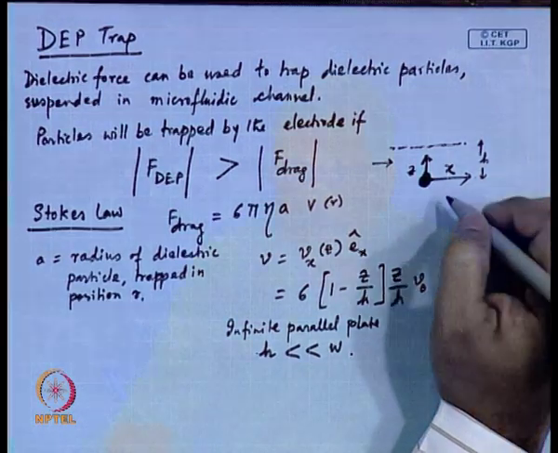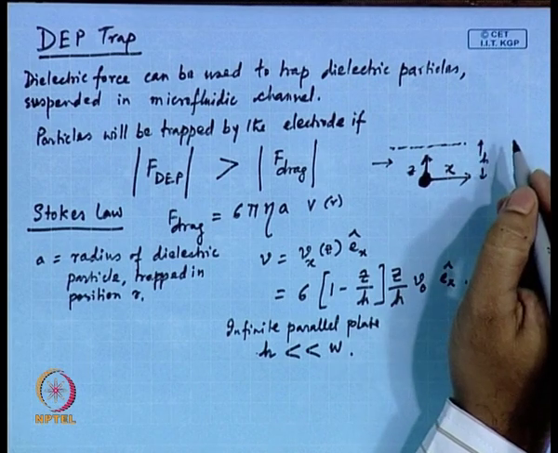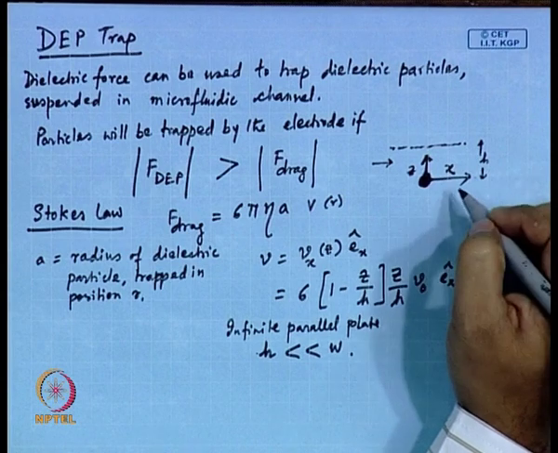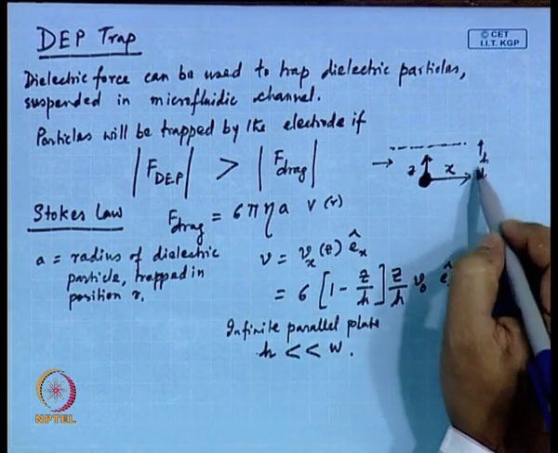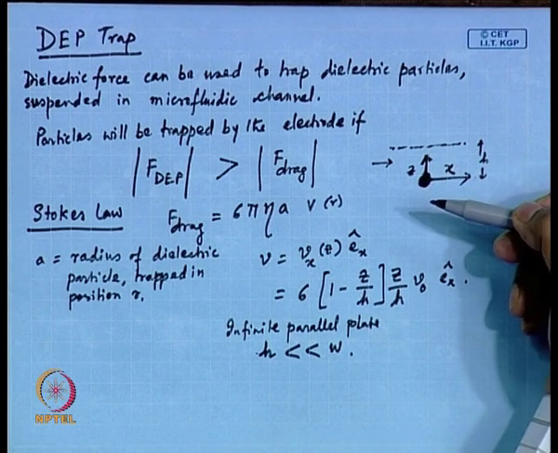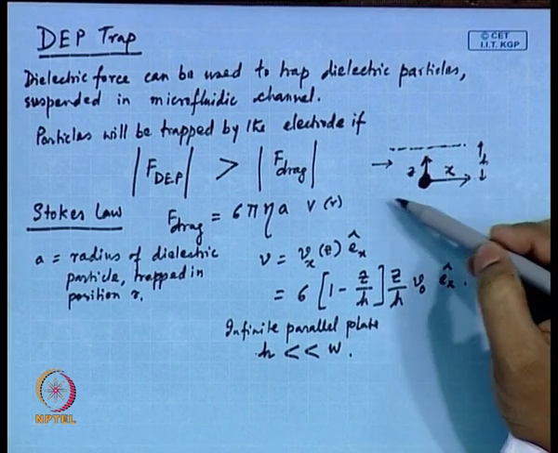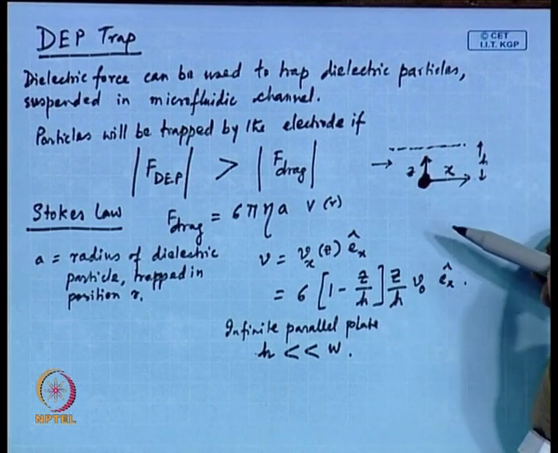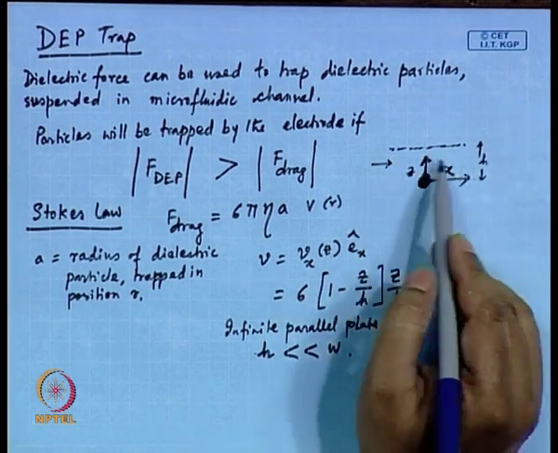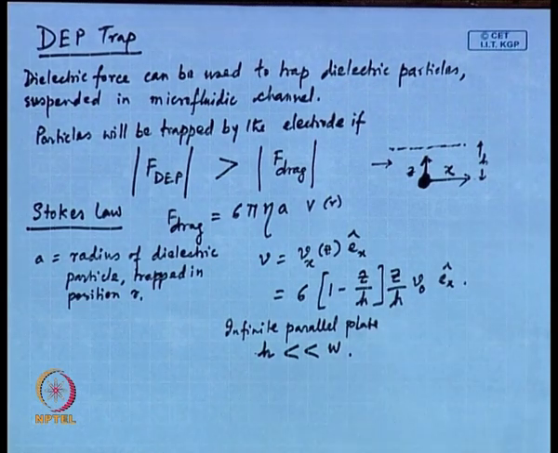That means, if this W is 1 centimeter and this H is 1 micrometer, then you can still consider that to be infinite. As long as this aperture is much smaller than the width perpendicular to the paper, as long as H is much smaller than W, you can assume that these plates are infinite parallel plates, and of course, you need to have the velocity field fully developed in this direction.